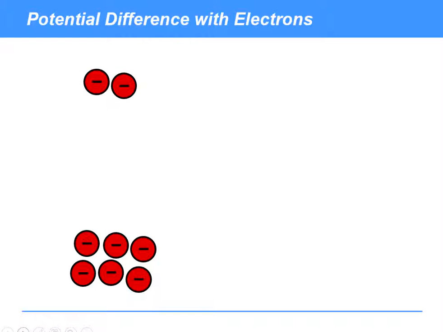Now this slide is just to show that it's possible to have potential differences between two states of the same charge. For example, if you had a region on a conductor like a metal which had a very low amount of electrons in, then it would be like this point here. And if you had a region with a very high concentration of electrons, it would be like this point here. This one will be a more positive, higher potential because there's less negative charge.